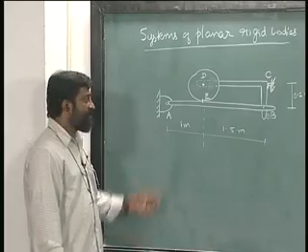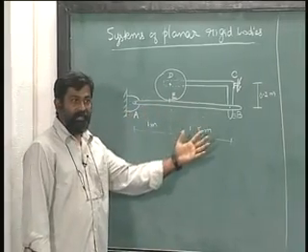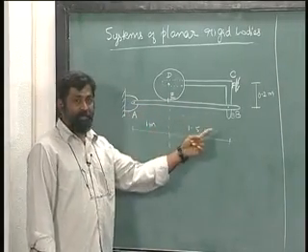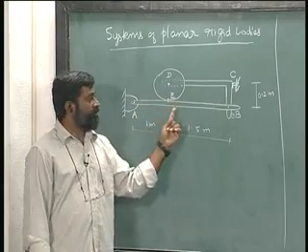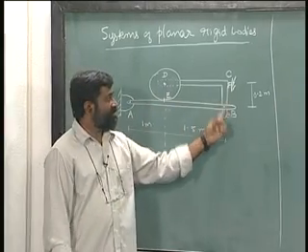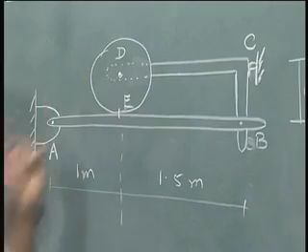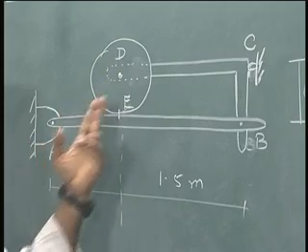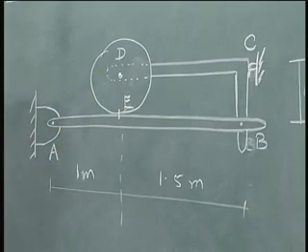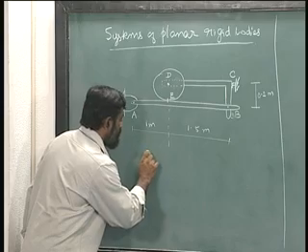The first exercise is to understand that there are 3 rigid bodies in this. One rigid body is this AEB, the other rigid body is BCD, and the third rigid body is this particular wheel which is hinged about D. So there are 3 rigid bodies.